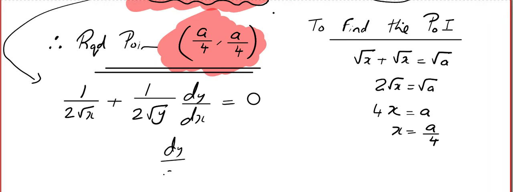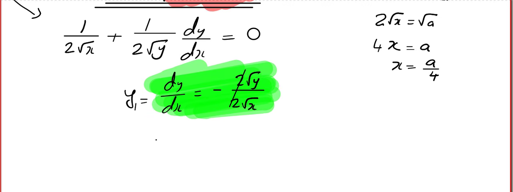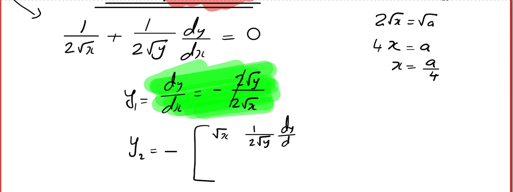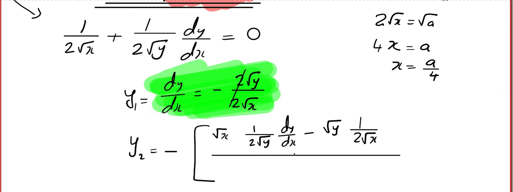So dy by dx will be, this goes to the other side, minus root y by root x. Now for y2 we have to apply the u by v rule. So denominator into derivative of numerator minus numerator into derivative of denominator, the whole divided by root x the whole squared.